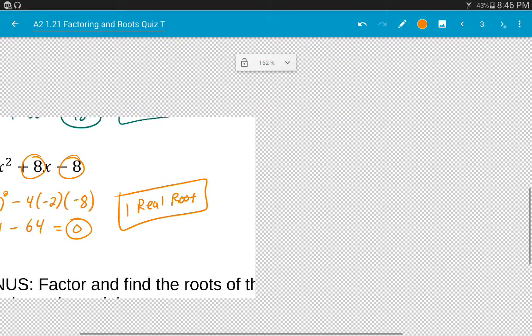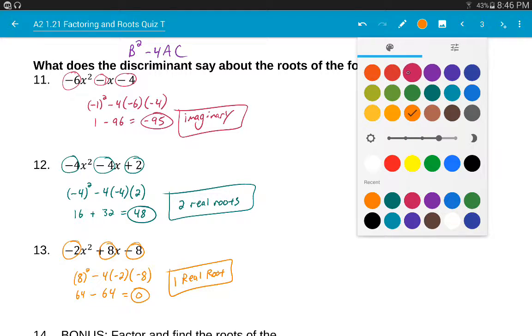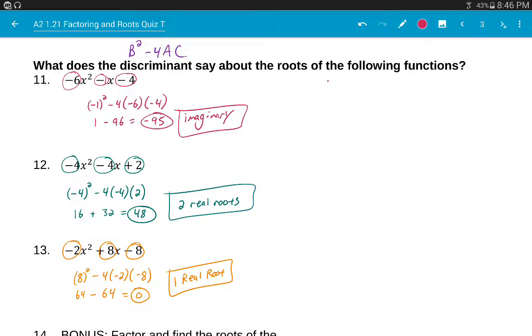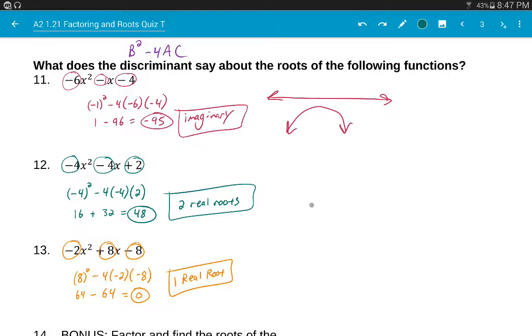And just because I can, I'll show you what I mean by these. If I graph this first one in red, it's a negative, so it would be a frown, like this. It would not touch the x-axis at all. I don't really care where the y-axis is. For the middle one, the green one, this has 2 real roots.